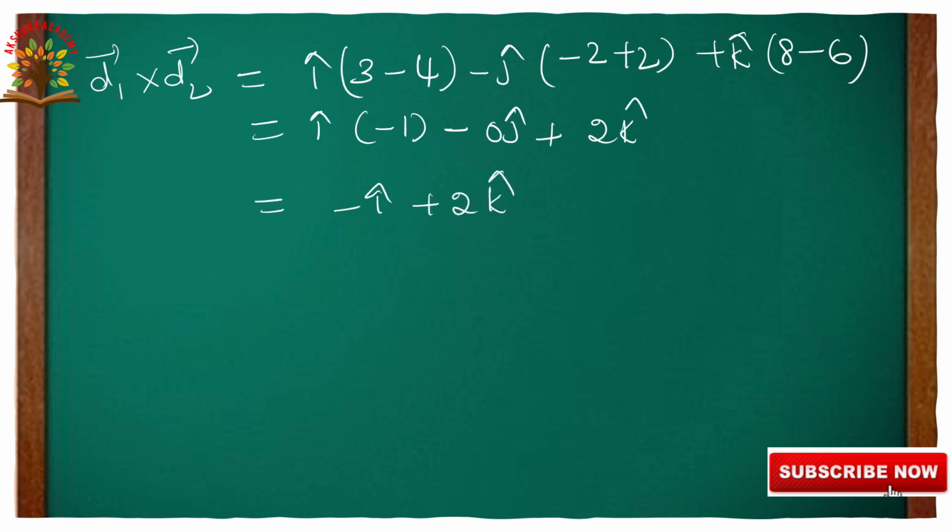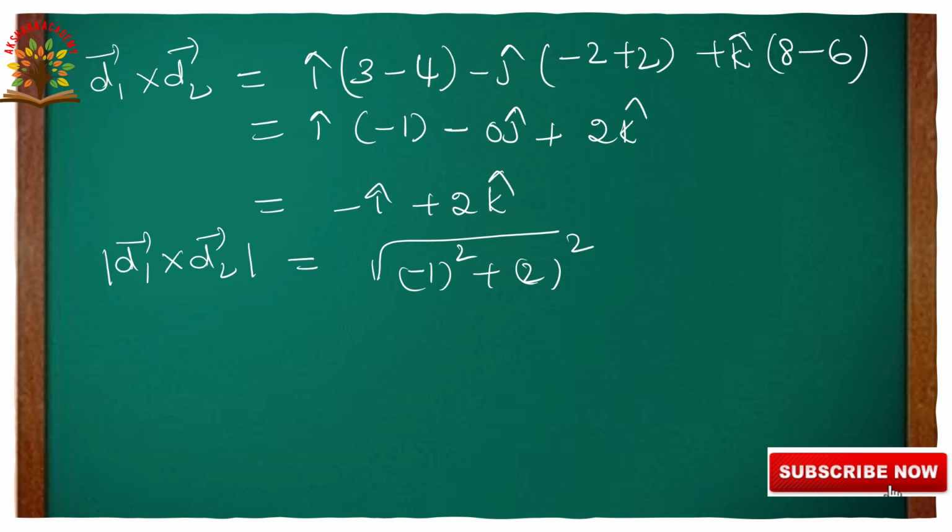Now we are finding the modulus of d1 bar cross d2 bar, which is the square root of minus 1 whole square plus 2 whole square, that is 1 plus 4, root 5.